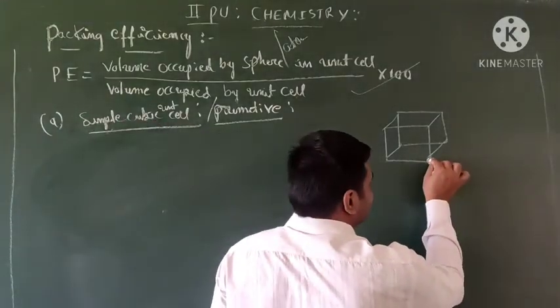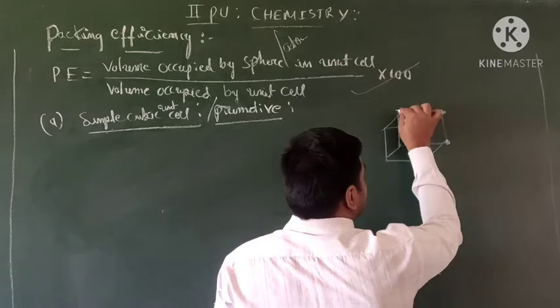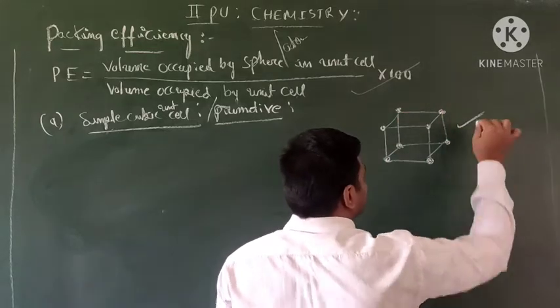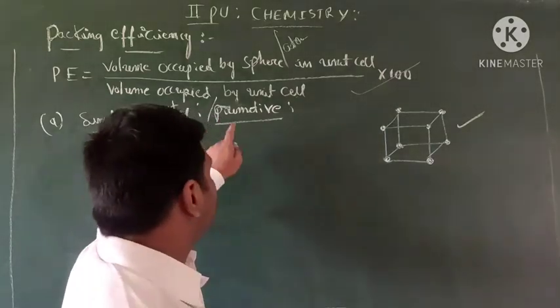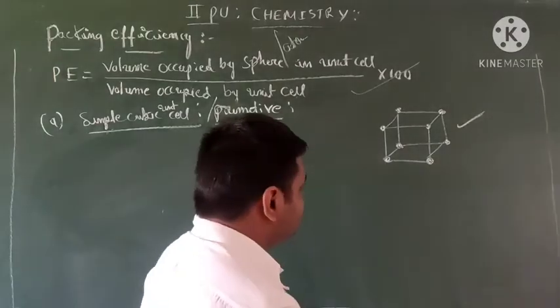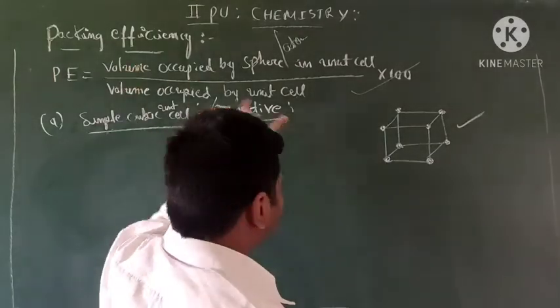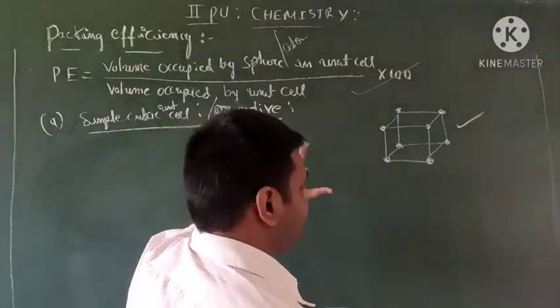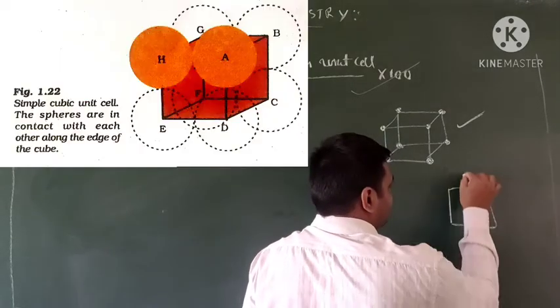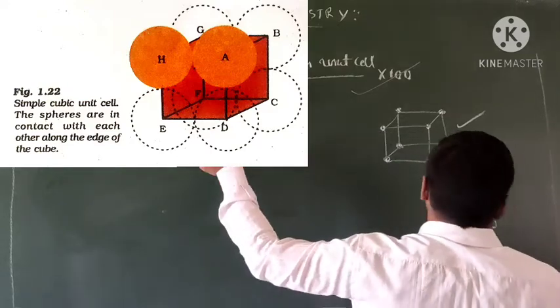So this is 1, 2, 3, 4, 5, 6, 7 and 8. This is called a primitive or simple cubic unit cell. Next, we continue to the packing efficiency of simple cubic cells. You write this structure like this, as in your textbooks.